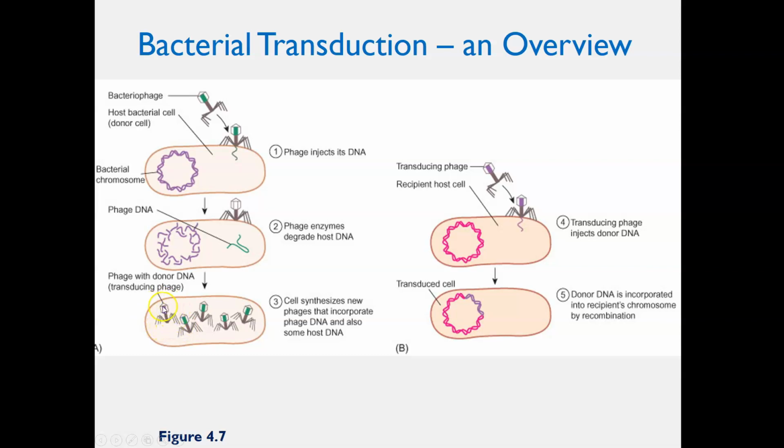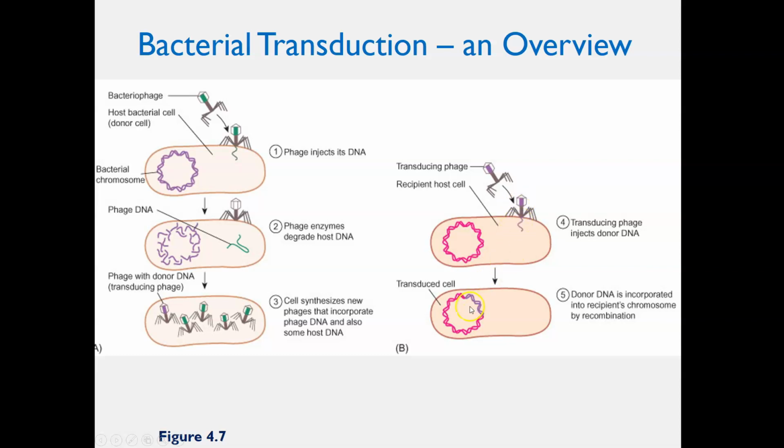But accidentally, what sometimes happens is some of that bacterial DNA that had been degraded gets bundled up into a virus's protein coat. So now, once this bacteria is lysed open and all these viral particles are liberated, if you look at this particular viral particle now, if it goes and infects a new bacteria, what it basically is doing is introducing bacterial DNA as opposed to viral DNA.